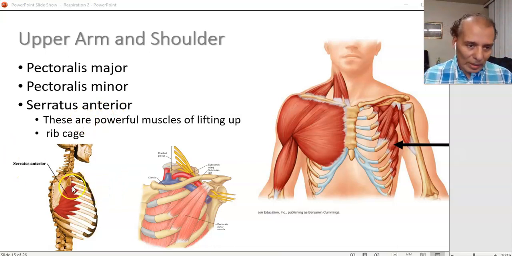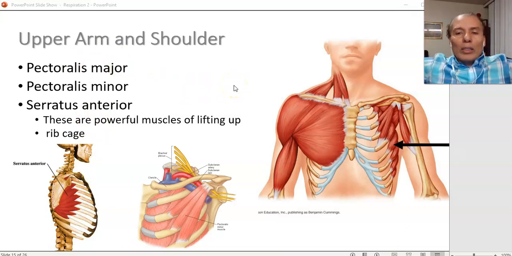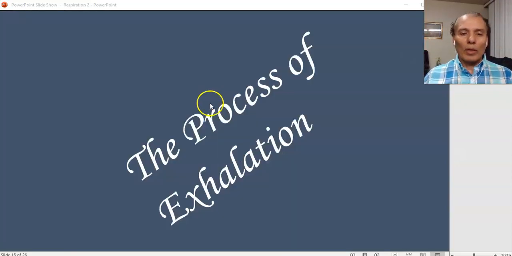So you could see here the shape of it is like a saw. So again, this muscle is a powerful muscle. This shows a bigger view of the pectoralis minor, and this is the serratus anterior, and all of these contribute to the elevation of the thorax, basically from the side or the front.